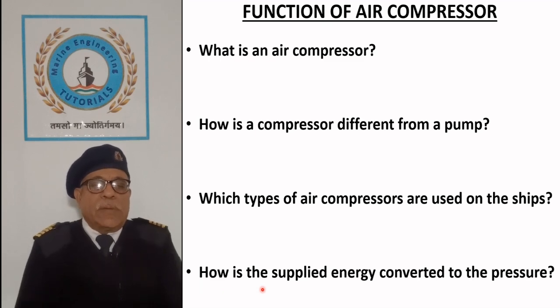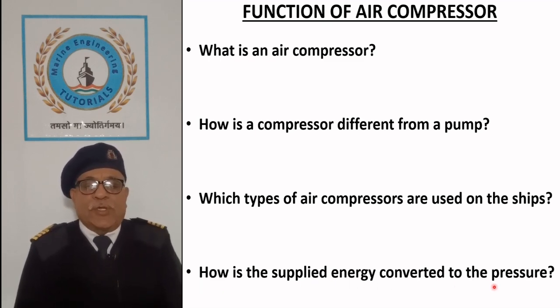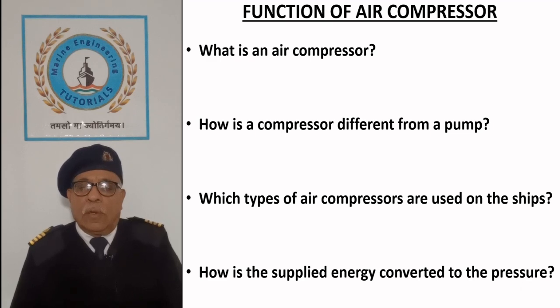How is the supplied energy converted to the pressure? The energy supplied to the air compressor during the compression process is converted into heat as the volume of air is decreased. As the air gets heated, kinetic energy of molecules increases, which exert force on the cylinder wall, and this force is reflected as increase in pressure.